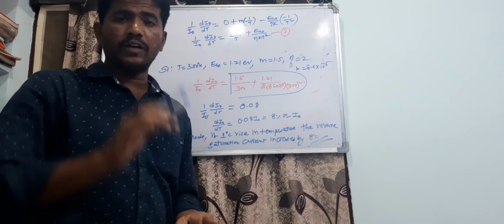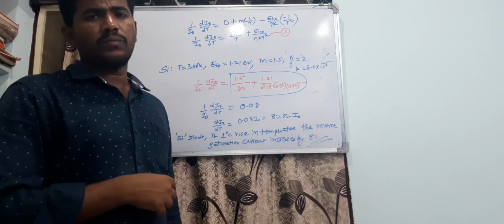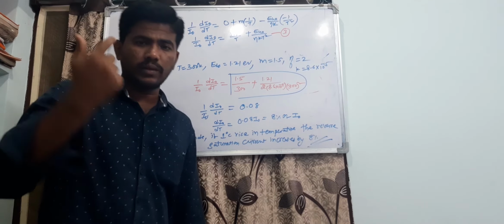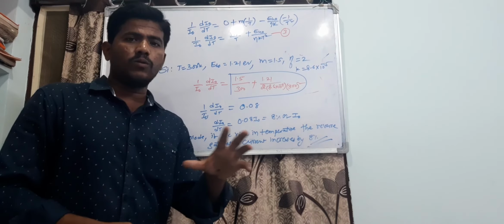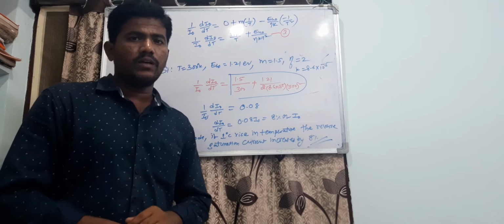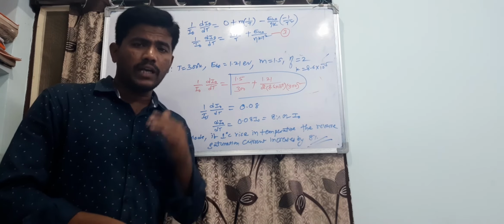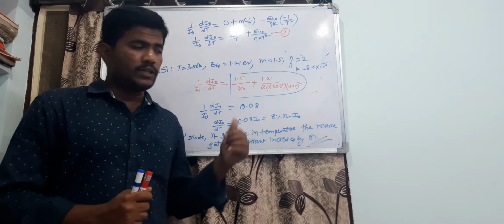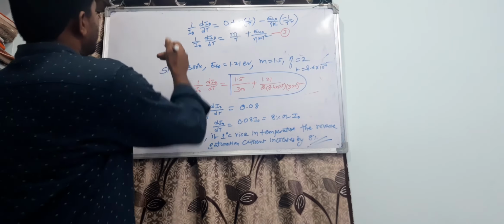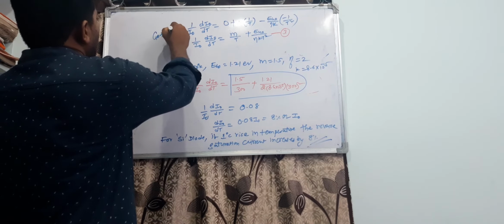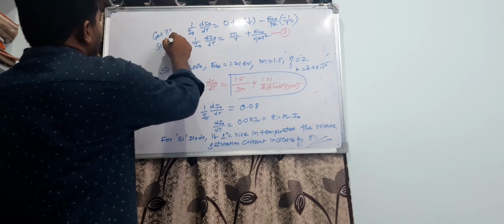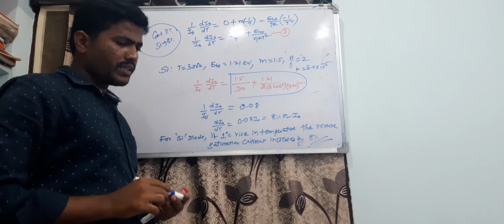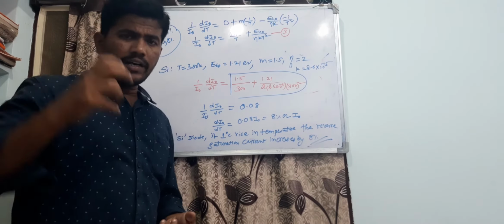Specifically, if anybody asks you for silicon diode how much reverse saturation current changes with respect to temperature, you can say this value will be 8%. For germanium diode, this value will be 11%. If you compare both, germanium diode is 11% and silicon is 8%.